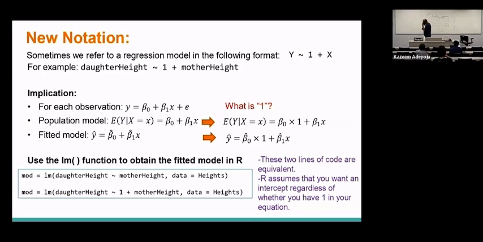I first wanted to understand what we mean by predictors and regressors. In this model now, where we have daughter height and mother height, we got 2 regressors, but 1 predictor. What are the regressors? The regressors will be the coefficient of beta naught and beta 1. What is the coefficient of beta naught? 1.